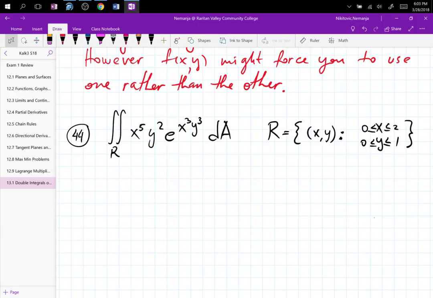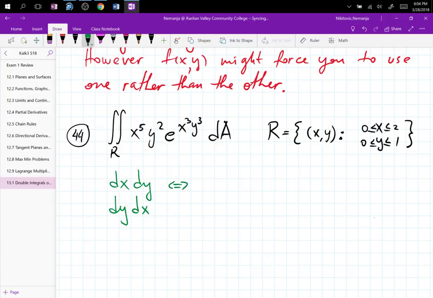All right. So, I'm going to write both of these with the reason why to pick one rather than the other. Let's do it in green. So we have dx dy and dy dx.